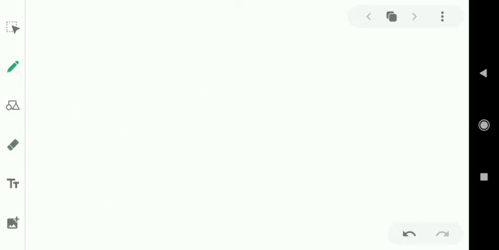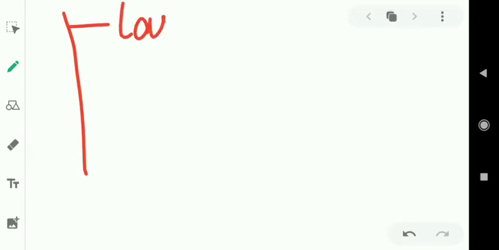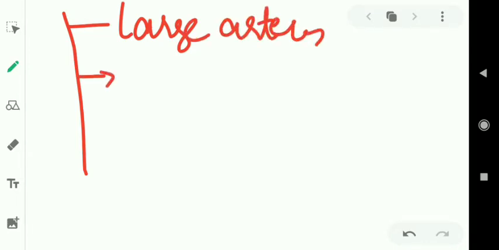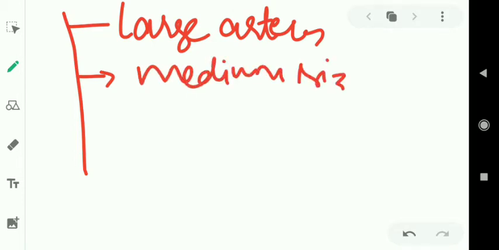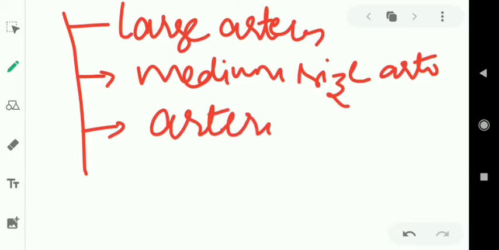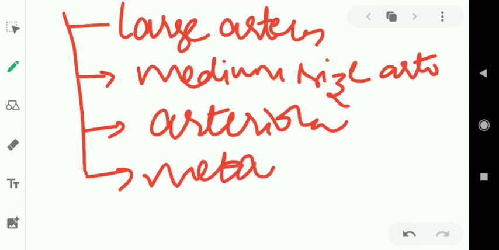First we should study the large arteries, then medium size arteries, next arterioles, meta-arterioles, and last the capillaries.